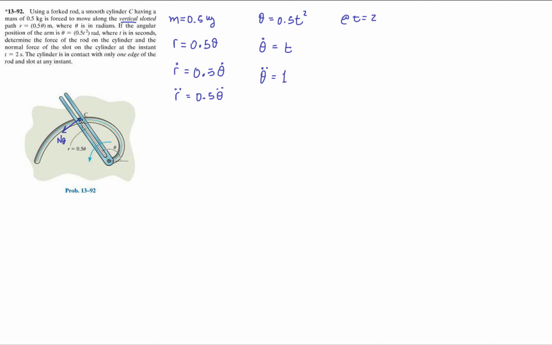But then there's also this other force being done by the slot itself, pointing down, and then we do have to take into account the weight. If you're doing this problem and you forget the weight, you're doing it wrong. So this is W. Let's just draw this bigger.